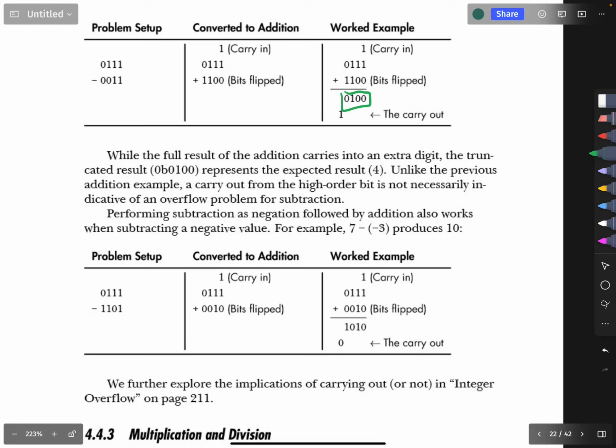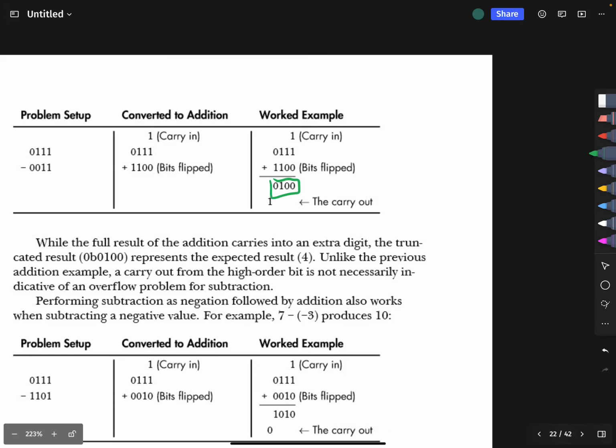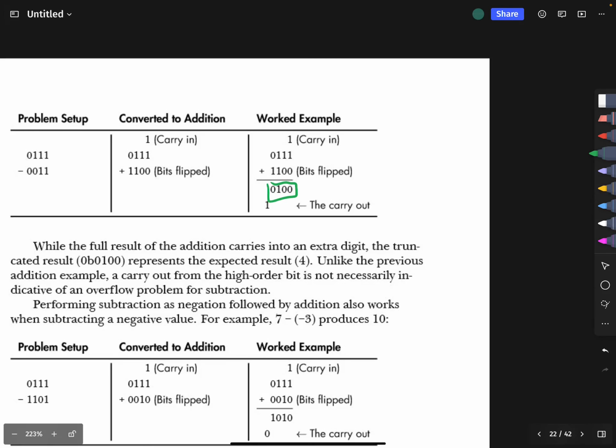This is somewhat due to how we said the numbers work. Let's make a number line where this is the number 0, this is the number 1, and we know that this is the number negative 1. Keep in mind that if you take this and add 1, it has a carry out that gets truncated.